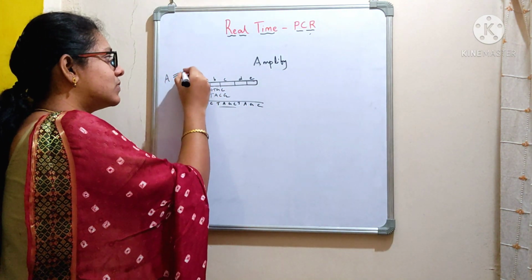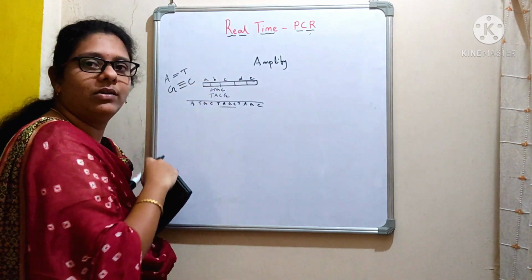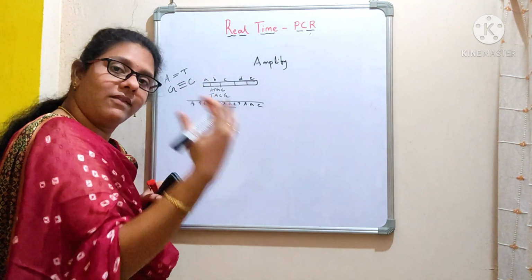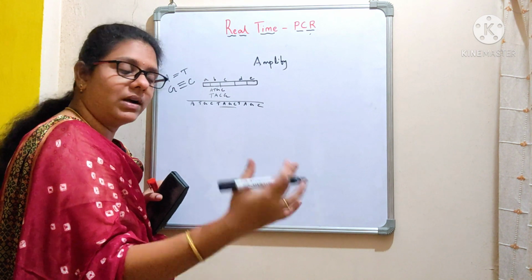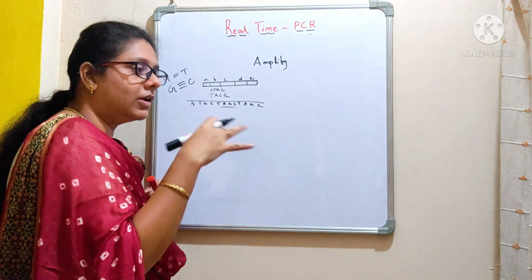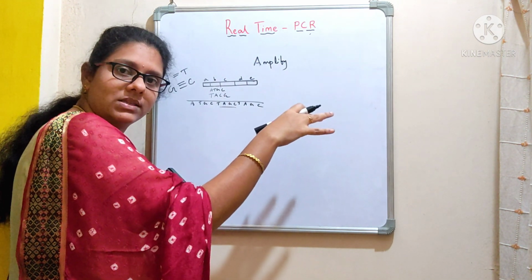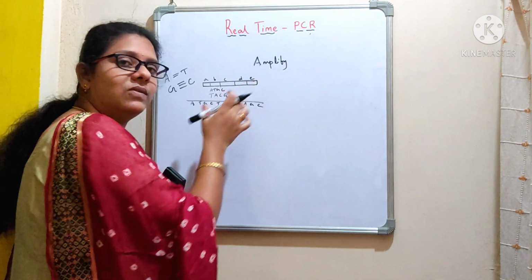Adenine always pairs with thymine and guanine always pairs with cytosine. So whatever new virus has been discovered or whatever new bacterial species was discovered, if we want to amplify any gene related to that particular organism, first we need to sequence it.